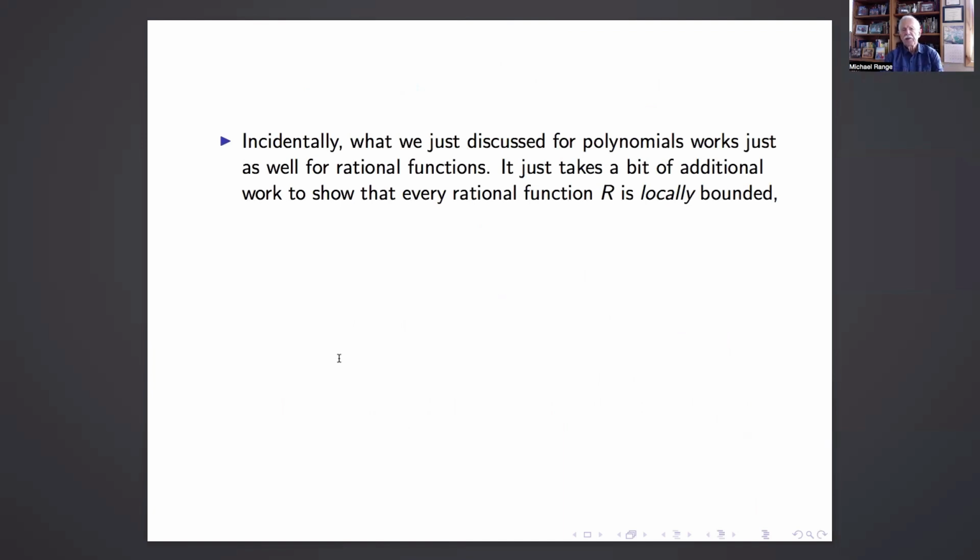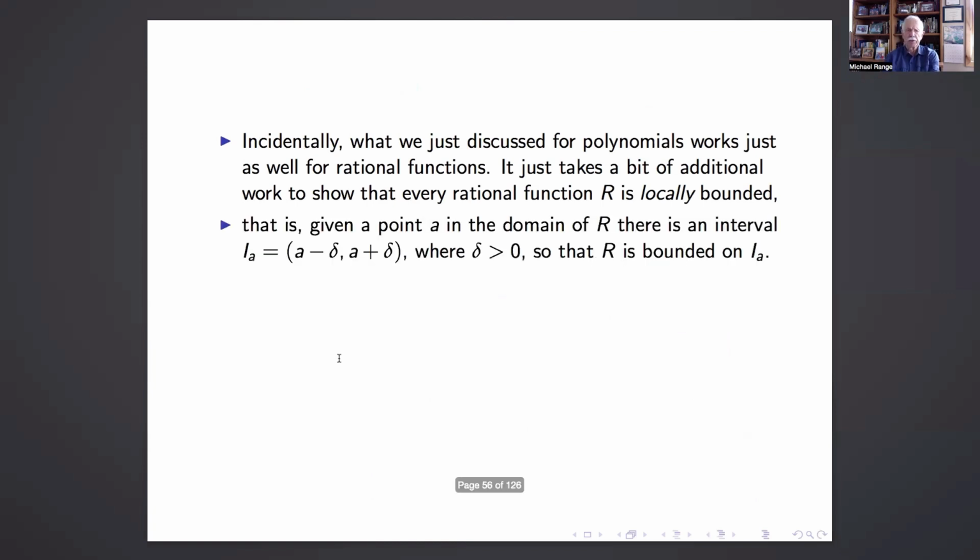Incidentally, what we just discussed for polynomials works just as well for rational functions. It just takes a bit of additional work to show that every rational function R is locally bounded. That is, given a point A in the domain of R, there is an interval I sub A that goes from A minus delta to A plus delta, where delta is some positive number, maybe very small, so that R is bounded on this interval.